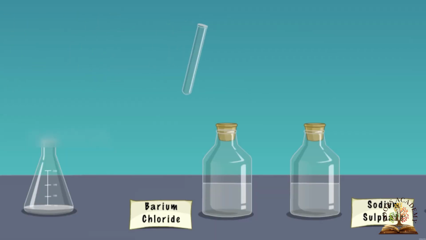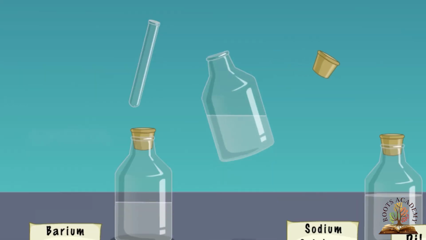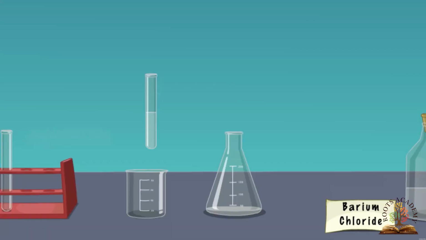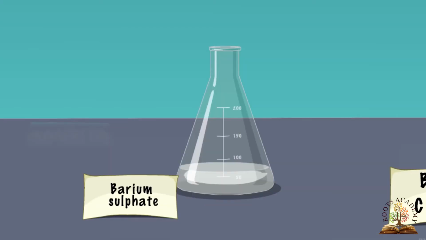In another test tube, take a small quantity of sodium sulfate and transfer it into the conical flask containing barium chloride solution. A white precipitate of barium sulfate is formed immediately. This confirms the presence of sulfate, SO4 2-, ions.